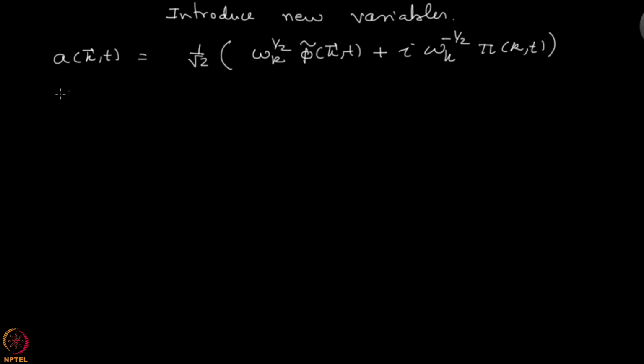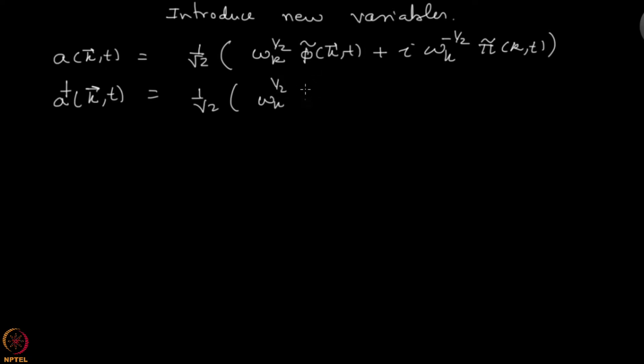Okay, that's good. Now if I take a dagger of this, so right now in this equation I am treating phi tilde and pi tilde as operators. If I take a Hermitian conjugate of this, a dagger, I get a dagger, which will be this. So omega_k is real, so it remains omega_k.